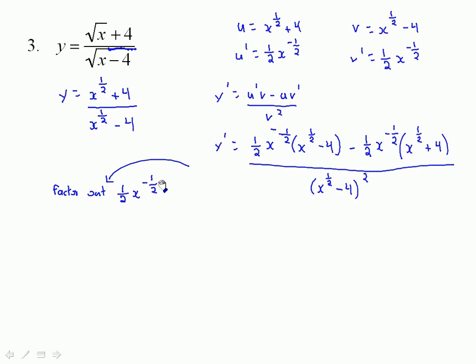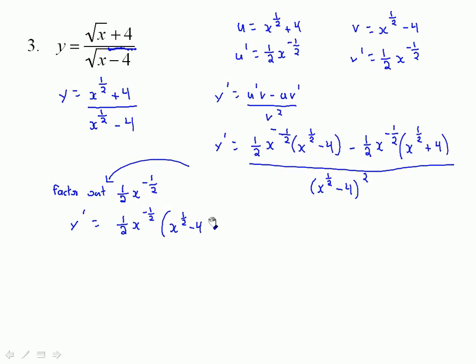If you think back to the factoring section that we did, it dealt with common factors. And if you have a common factor for both of these clusters, you might as well remove it. And if you do, it'll leave you with this. 1/2 x to the negative 1/2 comes out. Now this one's almost too easy because when we divide that first factor by that, we get x to the 1/2 minus 4.